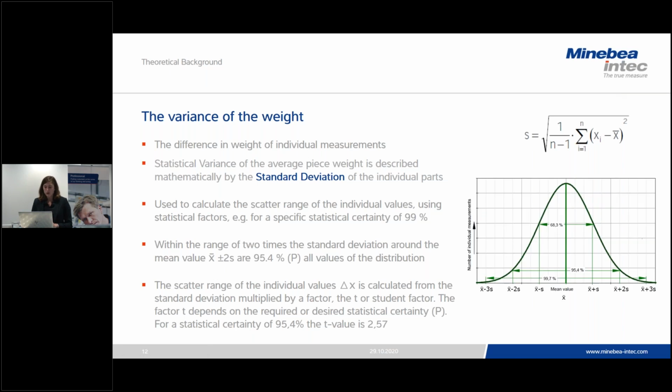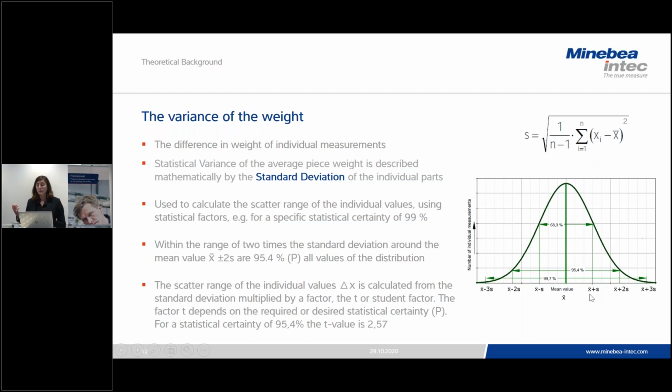What's more important, and I think a little more visual, is this one, because the standard deviation is used to calculate the scatter range of the individual values. This means all the 6 measurements that I took in the example are within this curve. Here we see the mean value, and the standard deviation shows how big the scatter range is.